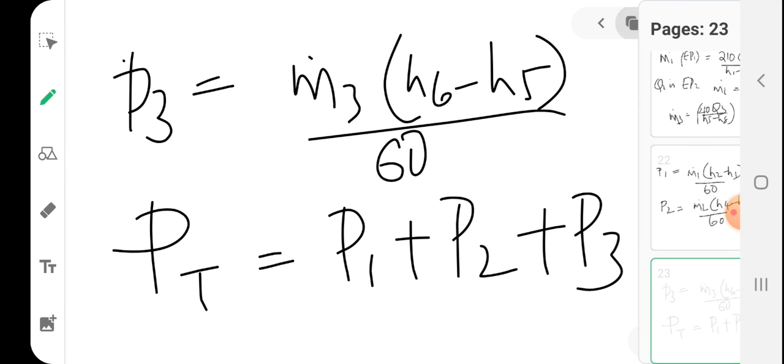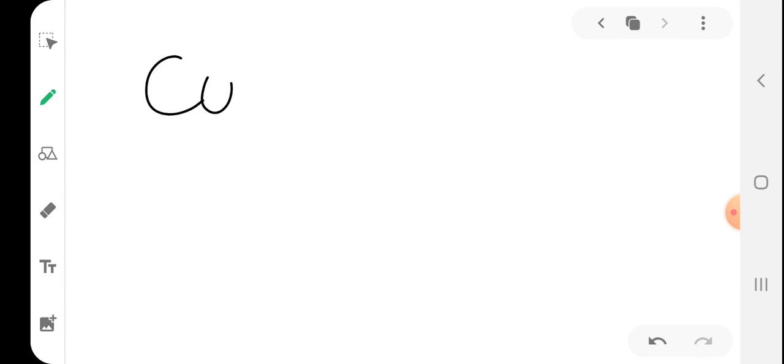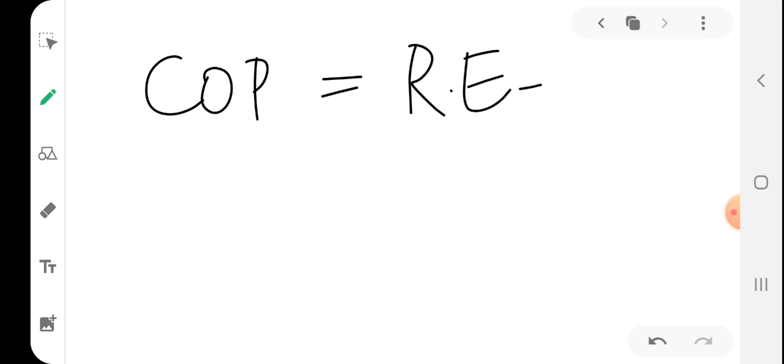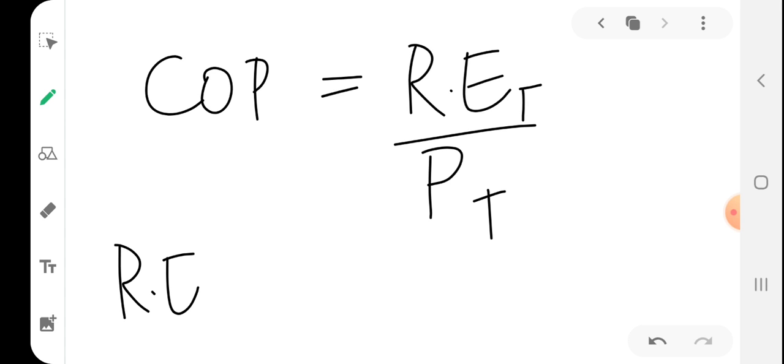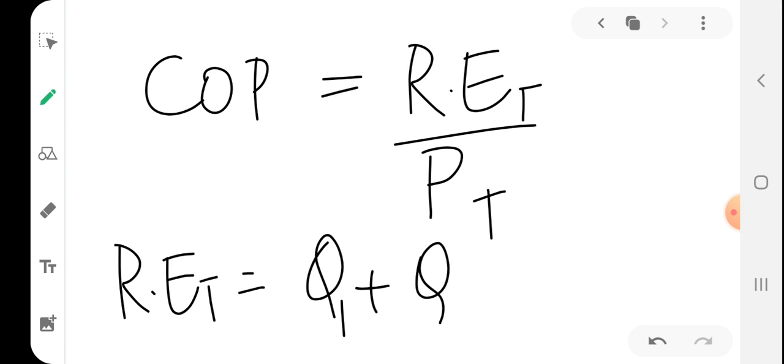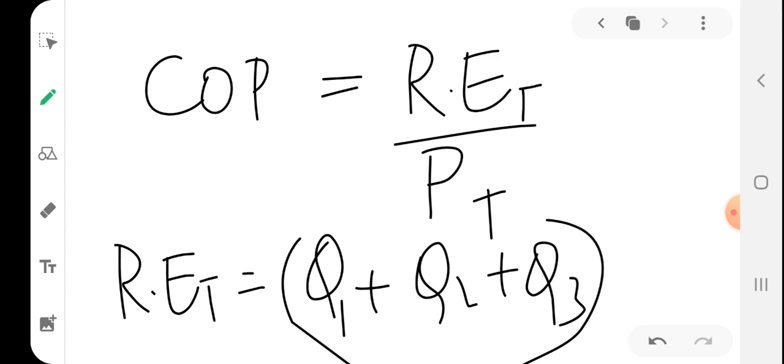In order to get the COP, you have to divide the total refrigerating effect by the total power. The total refrigerating effect will be Q1 plus Q2 plus Q3, into 210.